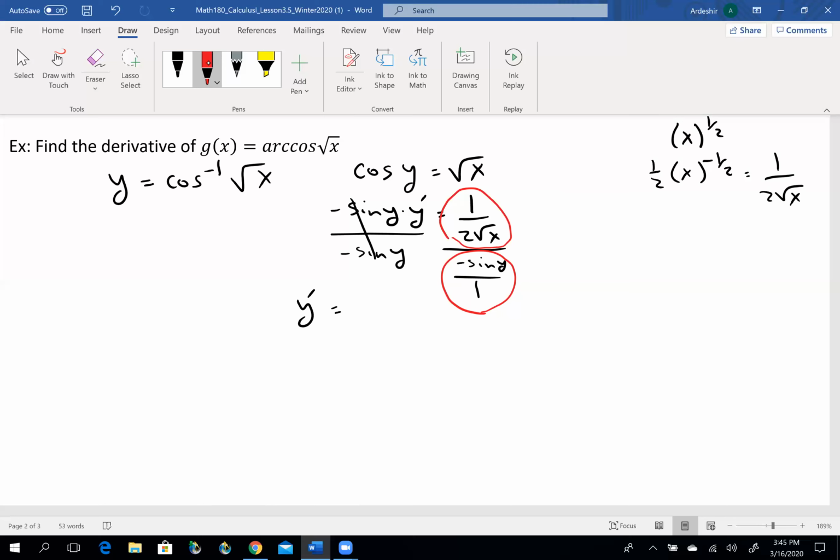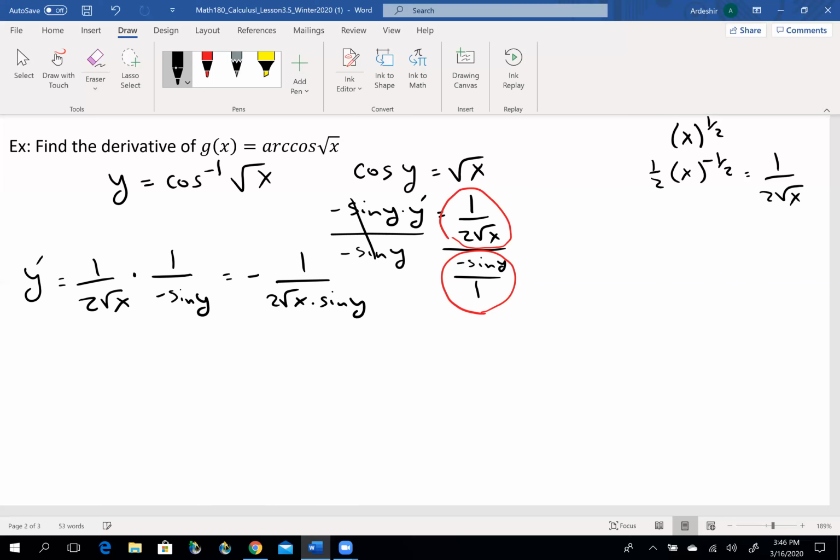So let's write it here. y prime equal to 1 over 2 rad x times, and then flip the second one, so it's going to be 1 over negative sine of y, which is equal to negative 1 over 2 rad x times sine of y.